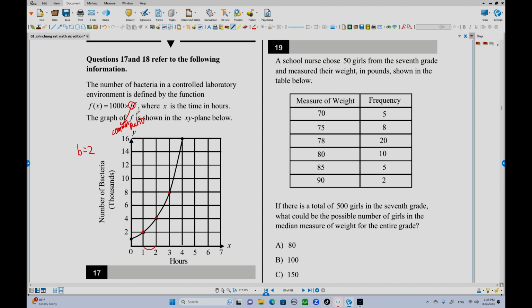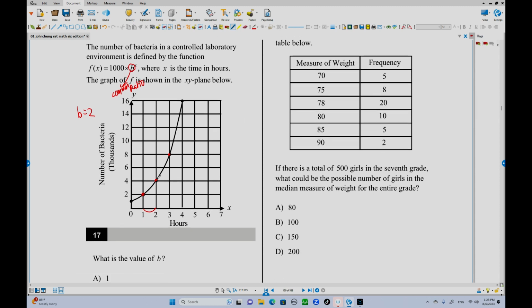Or you can substitute some number: when x is 2, y is 4,000. So 4,000 equals 1,000 times b squared. Three zeros out. b squared is 4, b is plus or minus 2. But an exponential base cannot be negative, it is increasing, it is always positive. So b is 2.